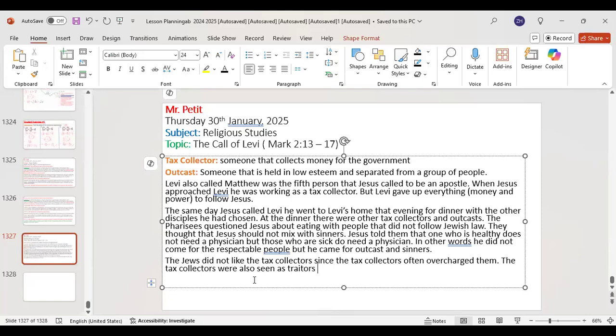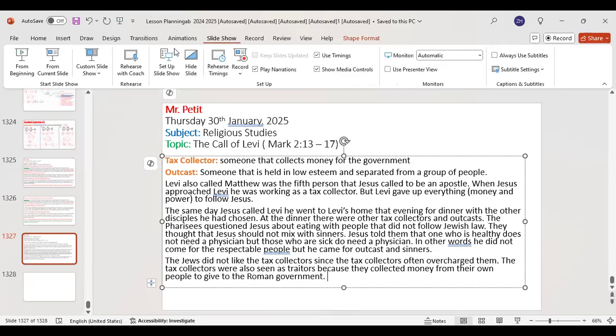Traitors, because they collected money from their own people to give to the Roman government. And so that's why they didn't like the tax collectors.